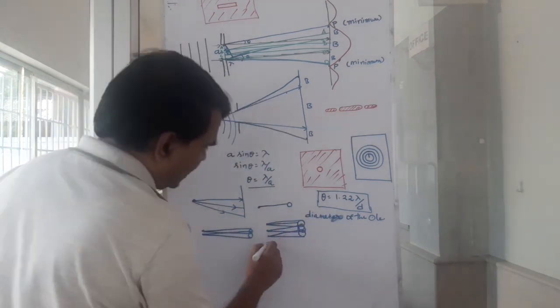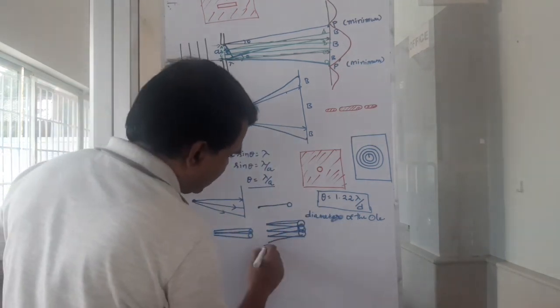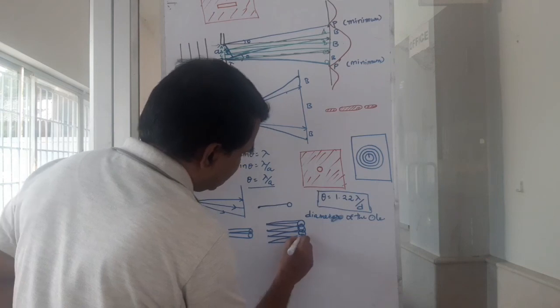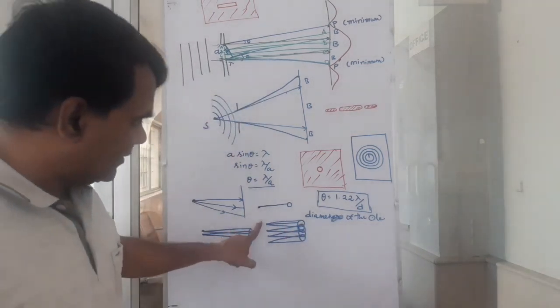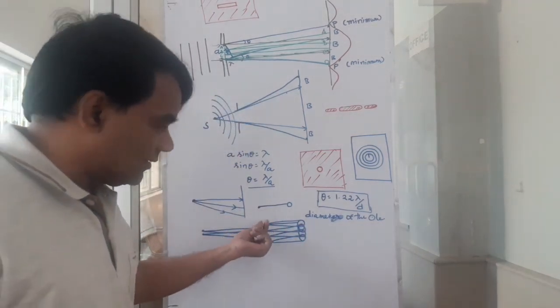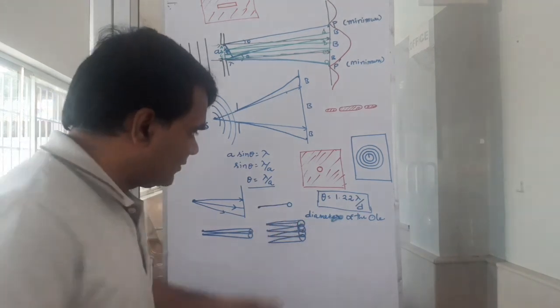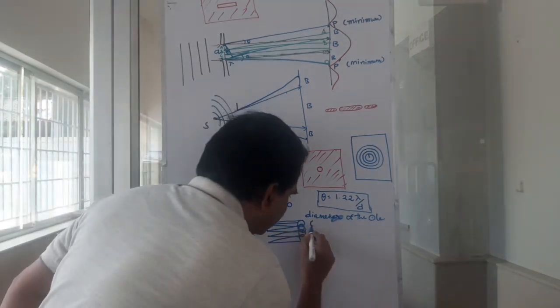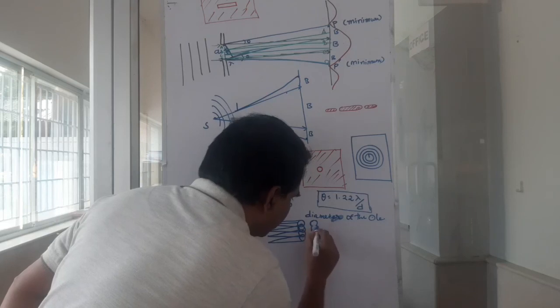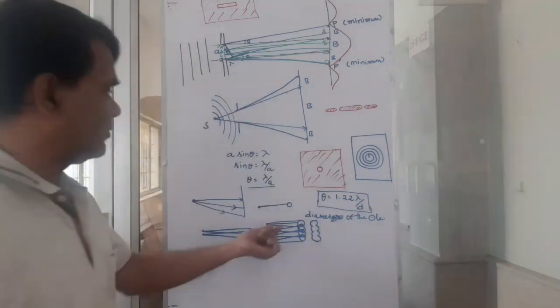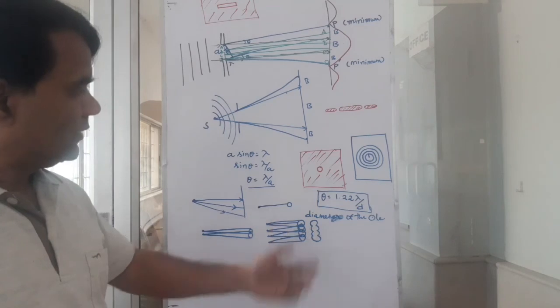You see, there's an overlap. All these different points, there's an overlap. Here they're well separated, but here you'll see something like this. That's what you'll see. It's not very clear.